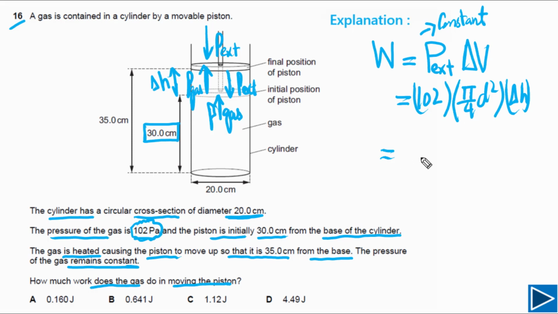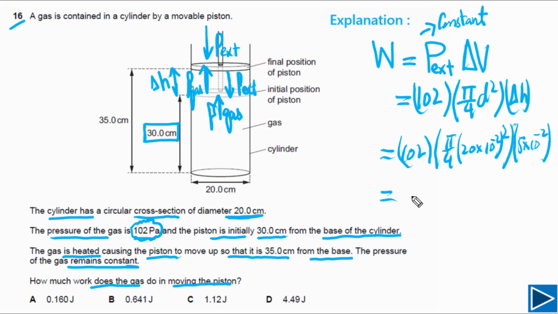Now we just need to plug in values and we can find the work done by gas in moving the piston. So this is pi by 4 and d squared, this is in centimeters, so we have to multiply with 10 to the negative 2, and the change in height is also in centimeters. 35 minus 30, so this is 5 multiplied by 10 to the negative 2.